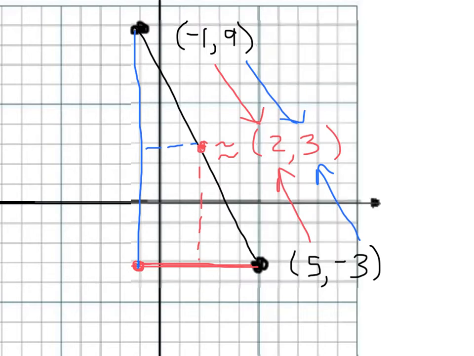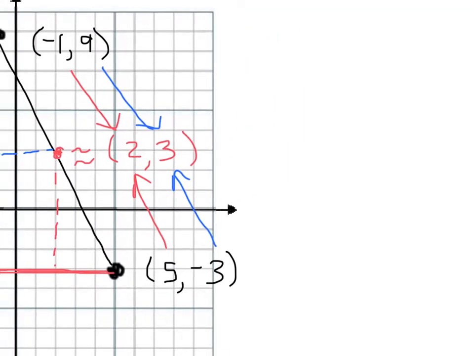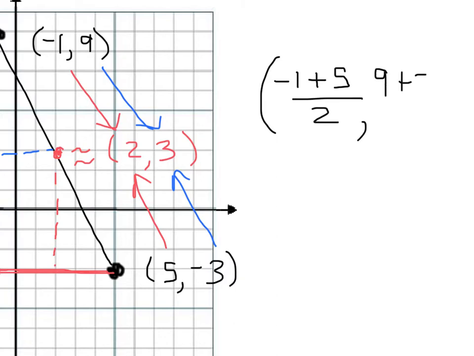So how can we calculate our midpoint? Well, it looks like we can take our x values, add them together, and divide by 2. We can take our y values, add them together, and divide by 2. That's our midpoint.